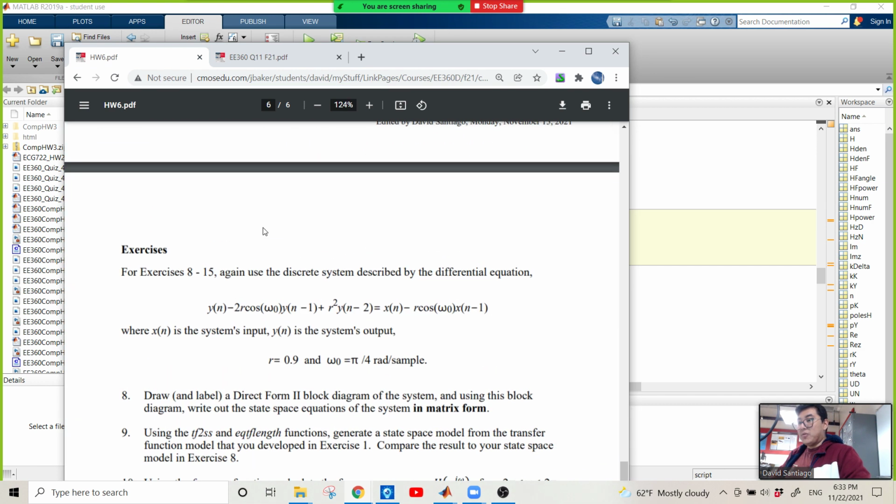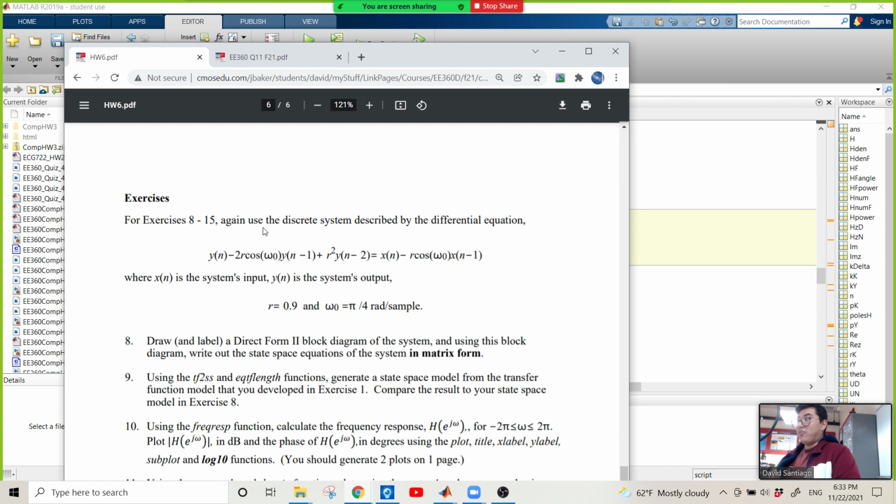What I asked for in problem 8 is to draw a direct form block, and I would assume everyone's a master of that, but because I'm running out of time, you're going to do a direct form 2 block and then solve for all A, B, C, and D, okay? I want to see all the hand calcs, and someone's probably not getting the memo. I'm not grading the code, I'm grading whether you understand what's going on. Please submit the hand calcs. Those are worth a lot of points.